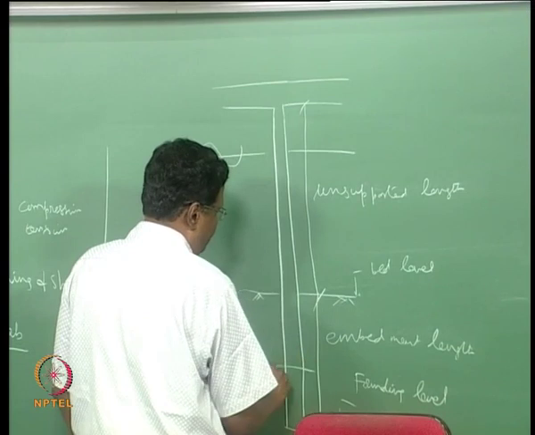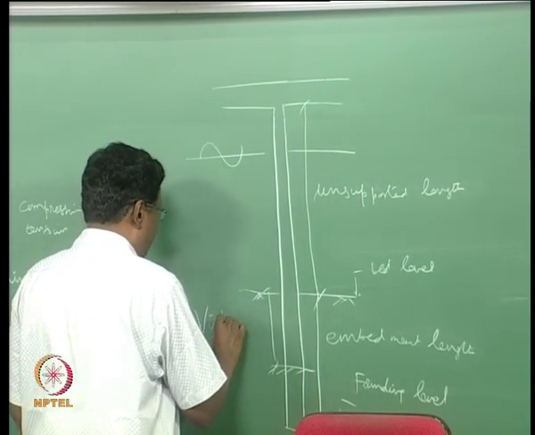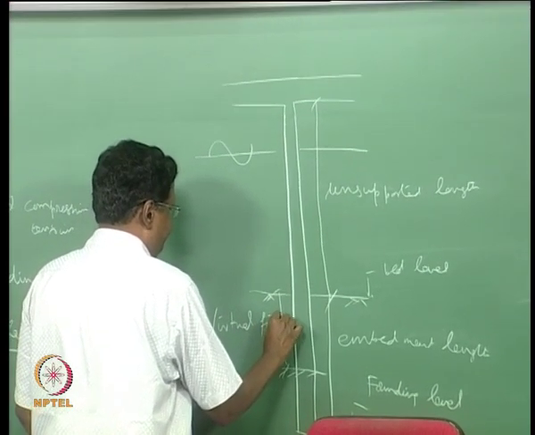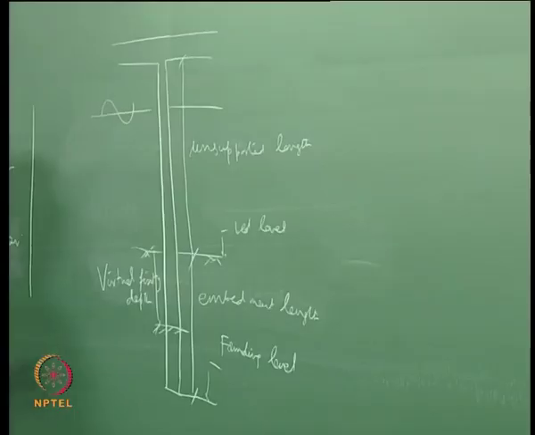Then you have a fixity point, this is called a virtual fixity depth because this does not exist. These are the various parameters.